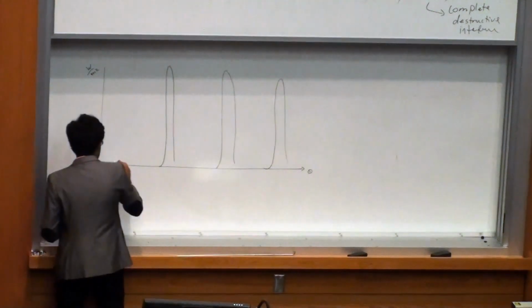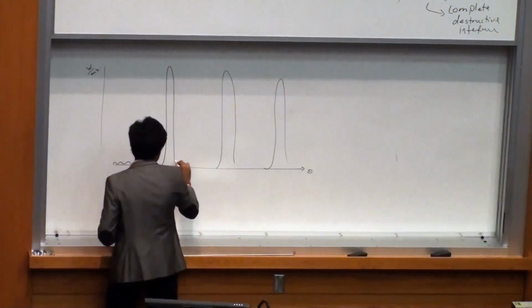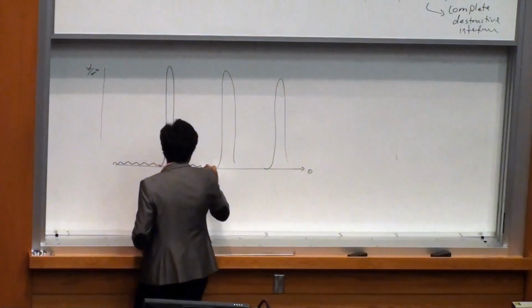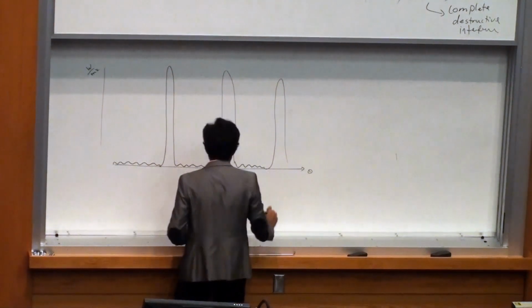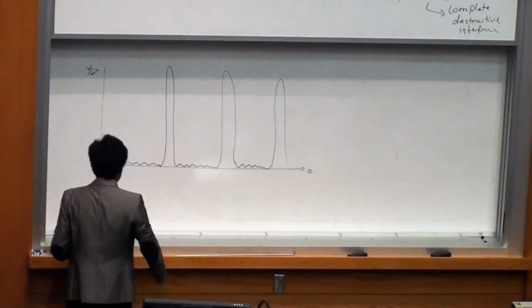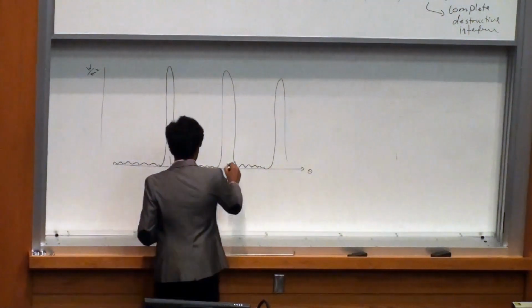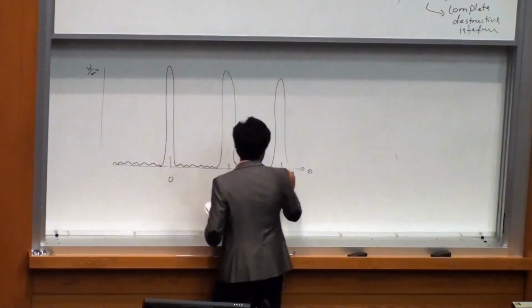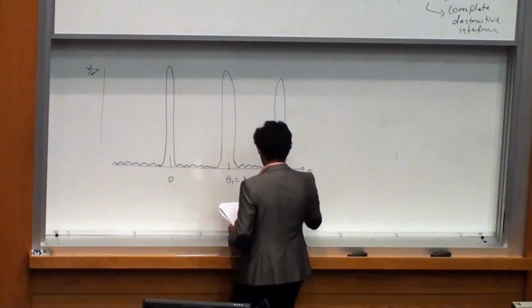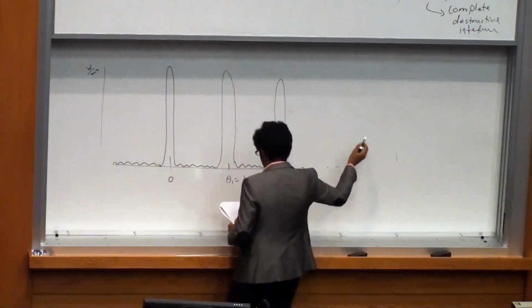And I'll have a bunch of minimas in between these peaks, and the number of minimas I get is going to be n minus 1, right? And if I say that this is my theta 0, this is my theta 1, which is equal to lambda over d, this is my theta 2, which is going to be 2 lambda over d, and so on.